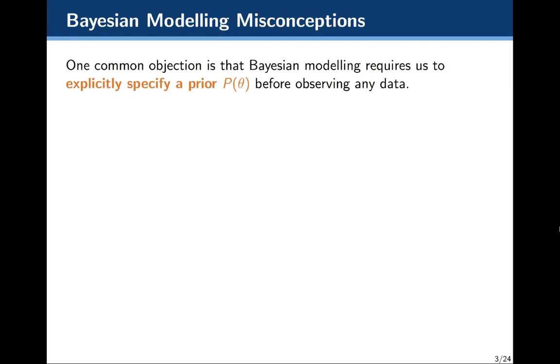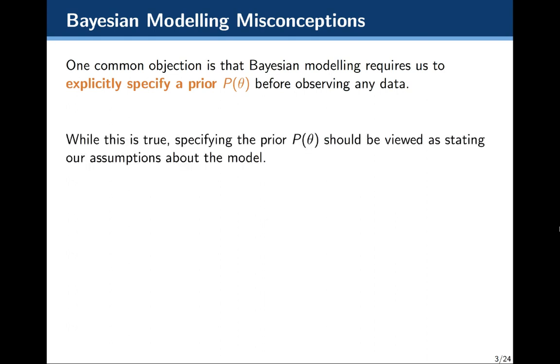So there's some criticism about Bayesian modeling, and I want to just clear up some misconceptions. One criticism would be that, before we do any updating or before we actually observe any data, we have to explicitly specify our prior beliefs over our parameters or any aspect of our model. This is true, but I'm not sure that specifying P of theta should actually be viewed as a problem with this approach to modeling.